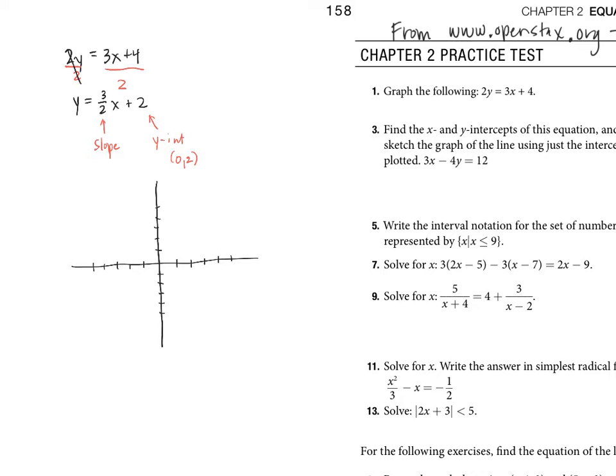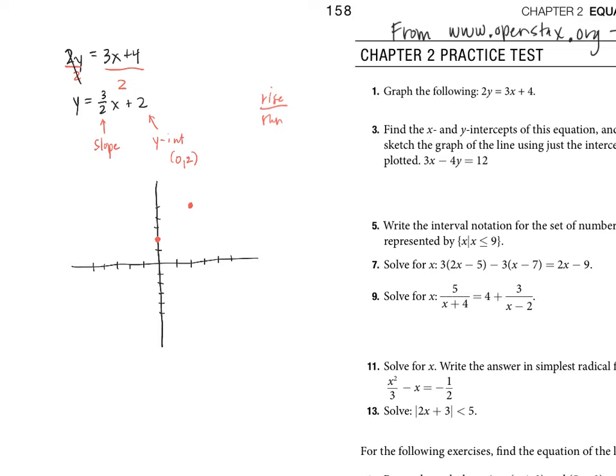In this case, we have the y-intercept, that's our point. So we're going to start by graphing that, (0, 2). And then you use your slope. Remember, slope is rise over run. So you're going to rise the top amount, or fall if it's negative, and run. So we're going to start at our point of (0, 2), and then we're going to go up 3 and right 2.